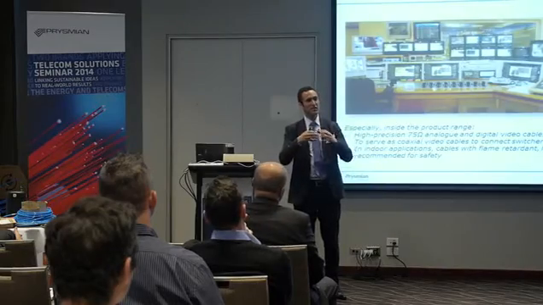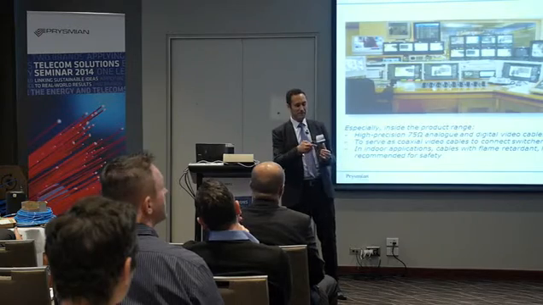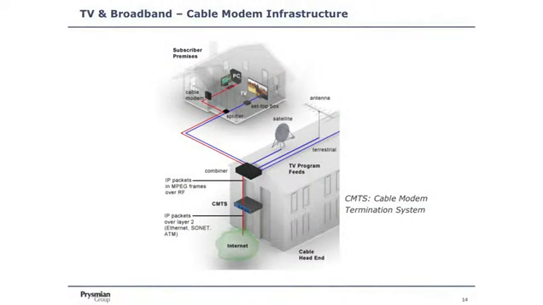So starting from this coaxial background and all our knowledge in optical cables, combining the two, how to accompany the operators in their migration to broadband, higher rates on their infrastructure.